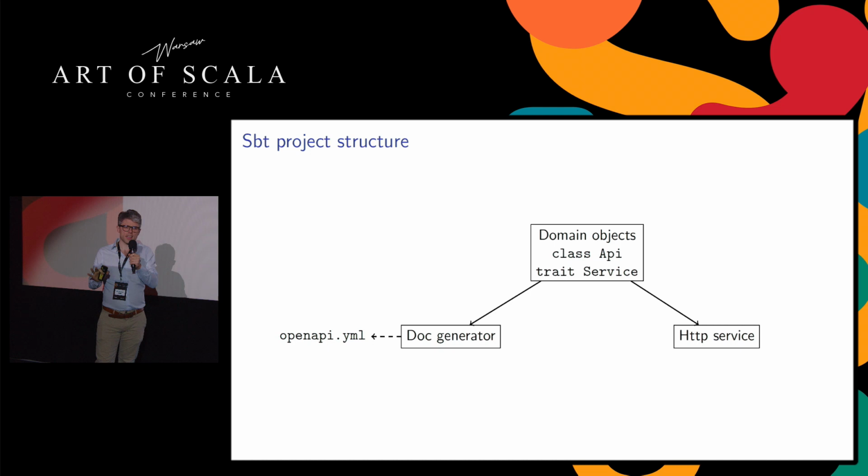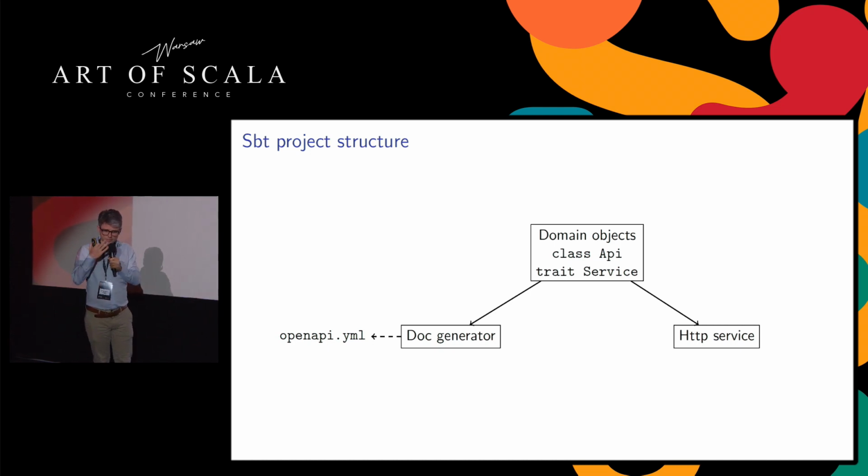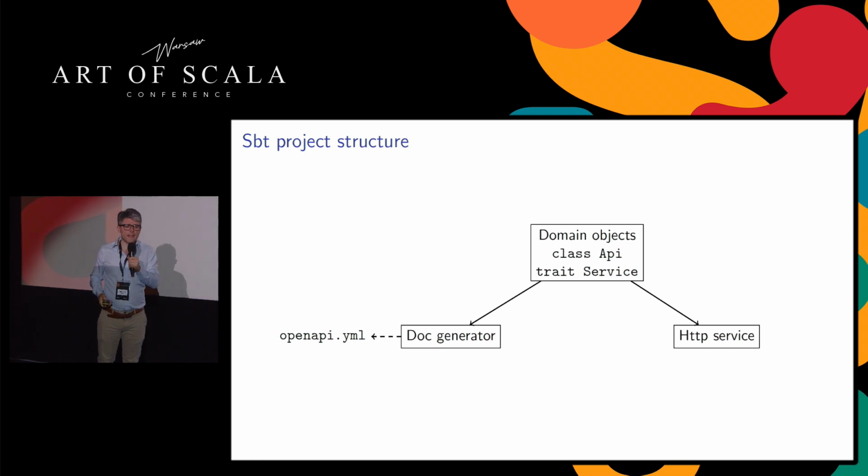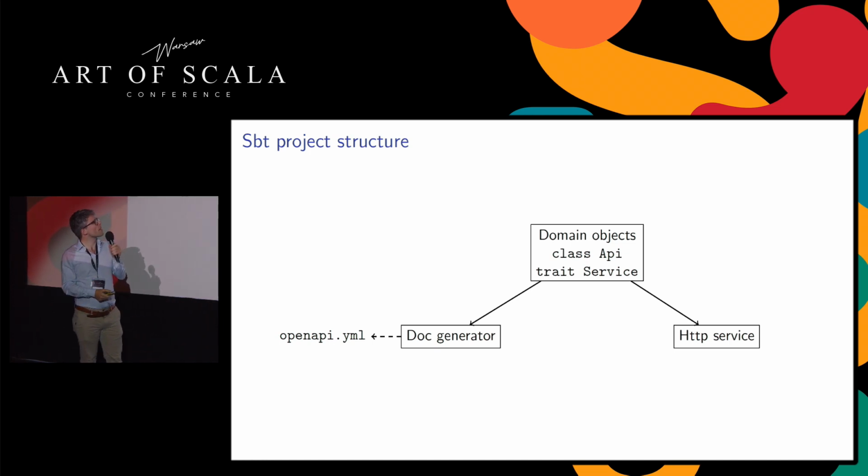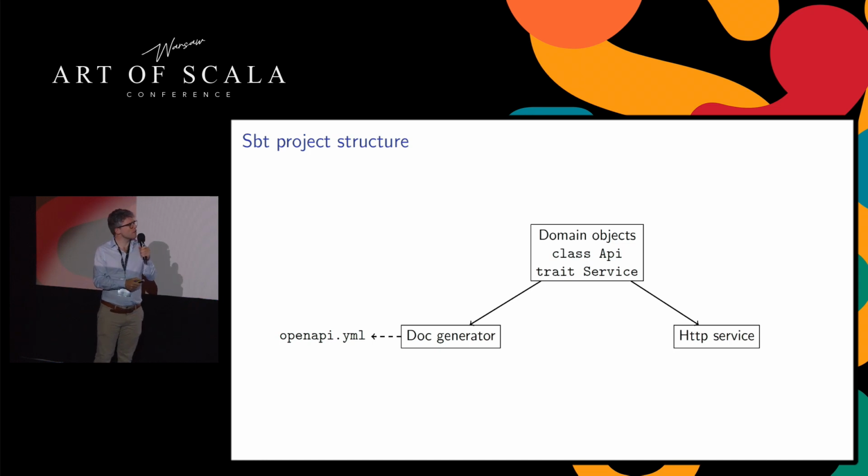So let's look at the SBT project structure that we can use to implement this. So we have three sub-projects now. I have one sub-project that contains the domain objects and the description of the API. And then I have two actual applications.